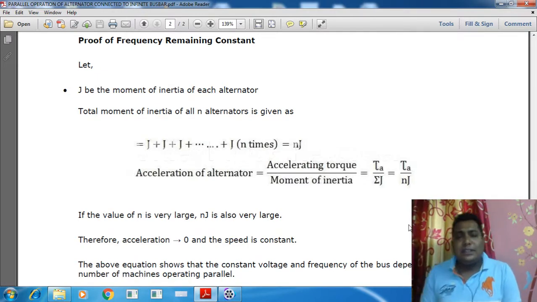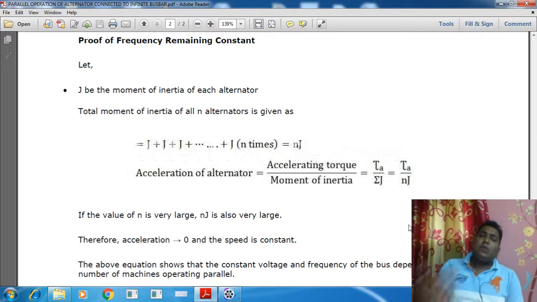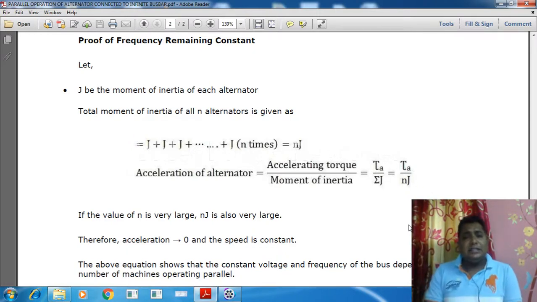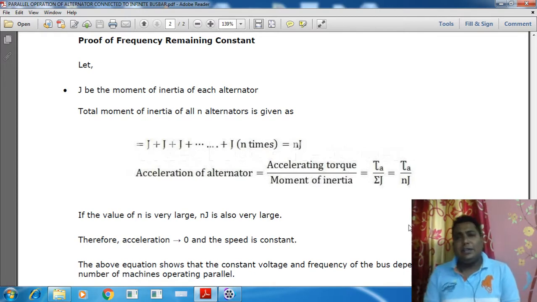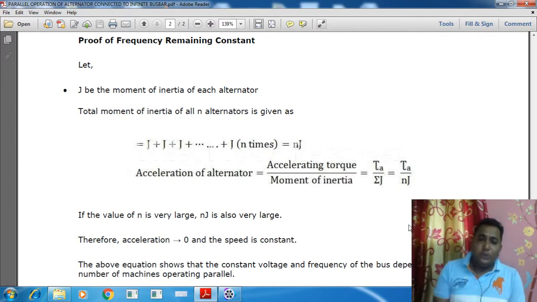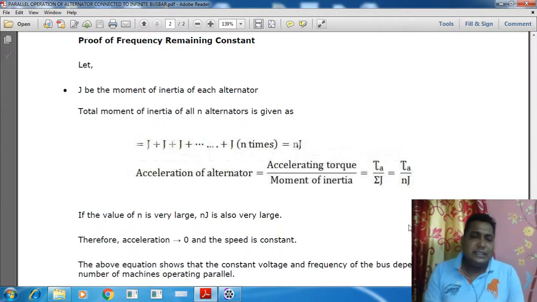So the total accelerating torque is tau A, and the total moment of inertia is nJ. If the n value is very high, then the acceleration of the alternator is going to be 0, which means there will be no acceleration in the system. So whatever the speed of the alternators is, it will remain constant.